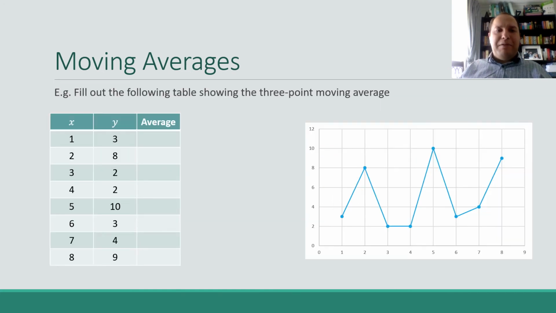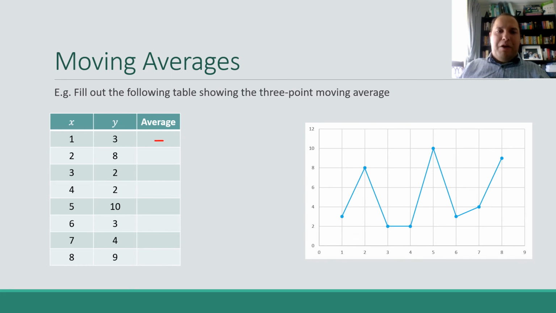Now we've got to fill out the following table using a 3-point moving average. To calculate a moving average, we need one x value and the x values either side, one lower, one higher. So we can't find a moving average for this first point.